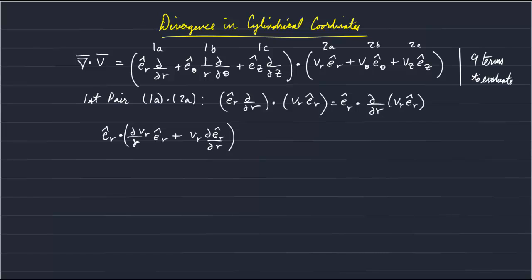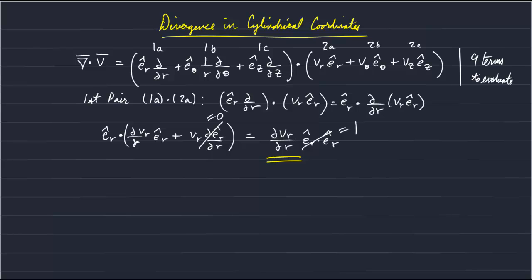As r changes length, e hat r stays in the same direction. So this partial derivative is 0, and we are left simply with the partial of Vr with respect to r, e hat r dotted with e hat r, and this equals 1. So the first term gives the partial derivative of Vr with respect to r.